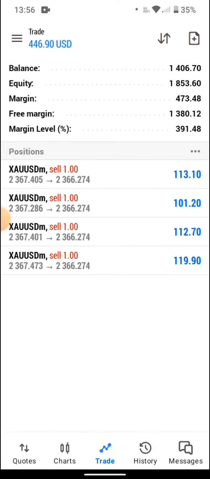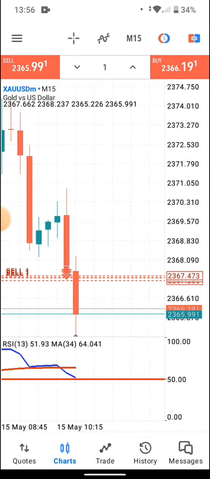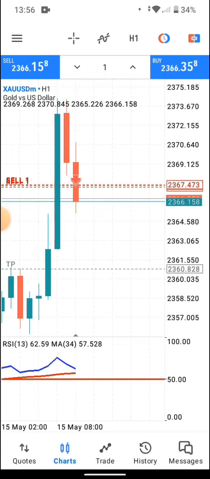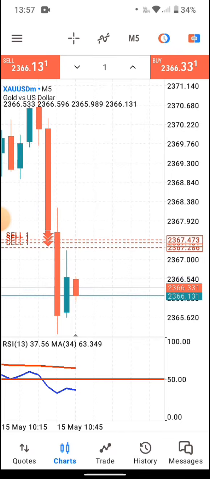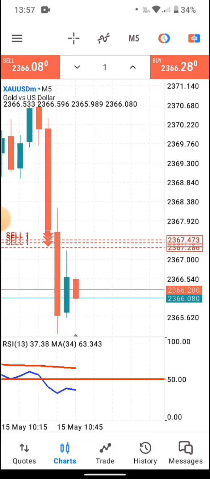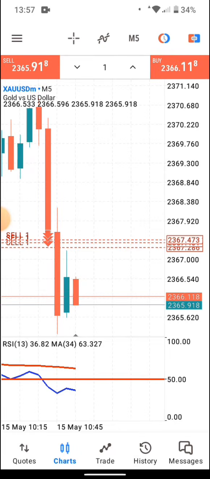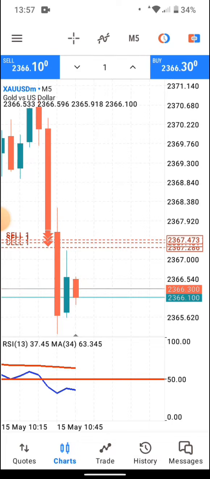If we are not able to hit our TP, it's not a problem, because our TP is here. All I want is for this candle to close. Let's come to the smaller time frame, this is the 5 minutes. I want this candle to close in red. If it closes in red with a very big body, it shows high selling power, which is a good signal for us.